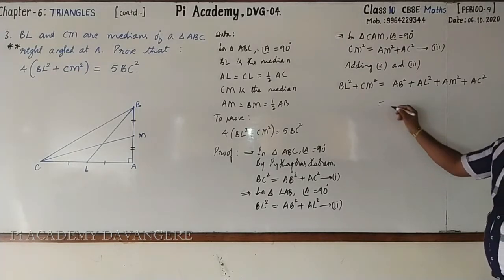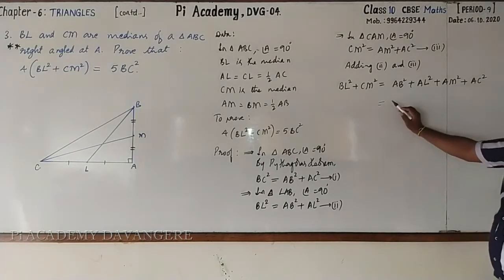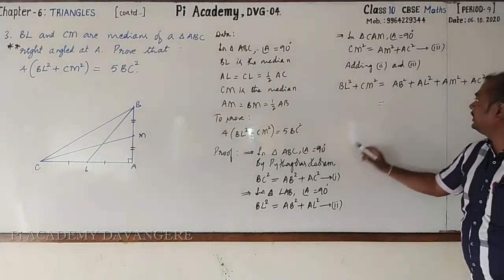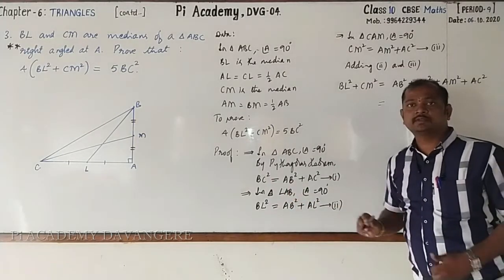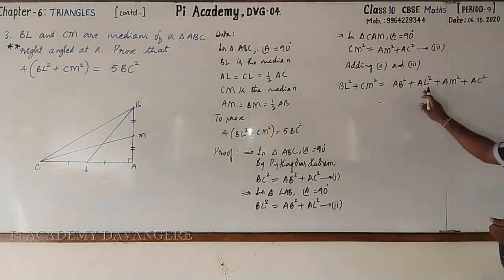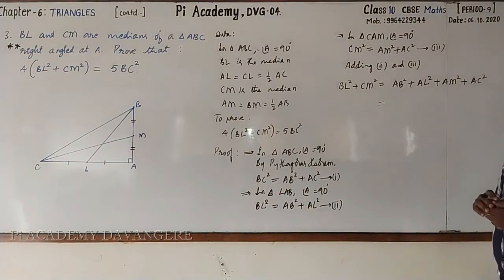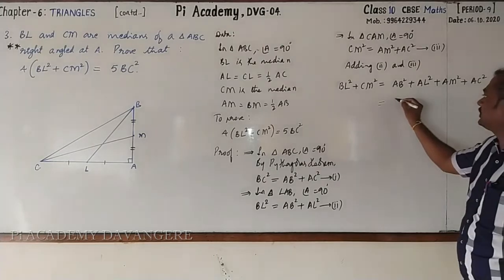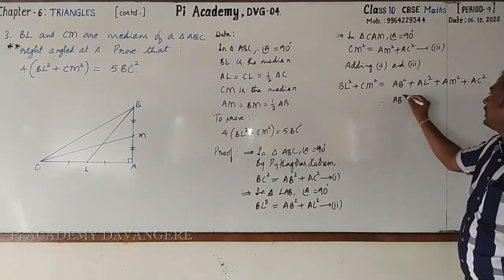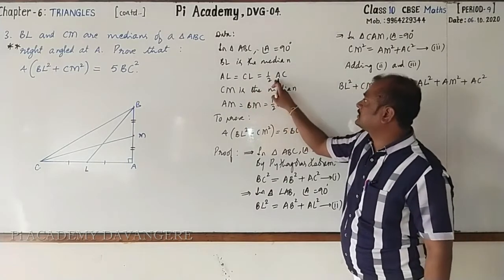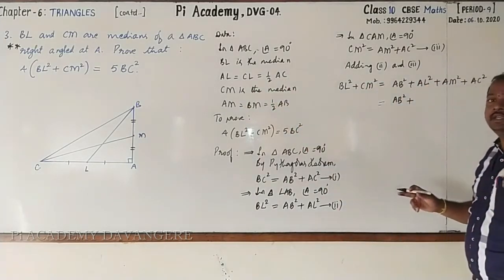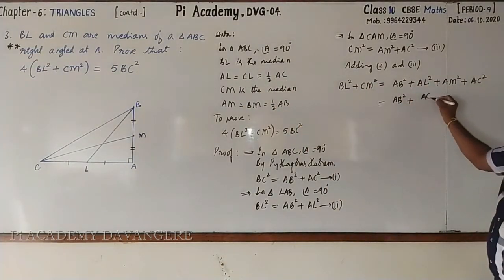Followed? Observe here. For AB square plus AC square, we have a substitution. That can be written as BC square. But what about AL and AM? Hence, we shall take substitution from them. AB square as it is, where AL is half of AC, or AC by 2, then whole square.